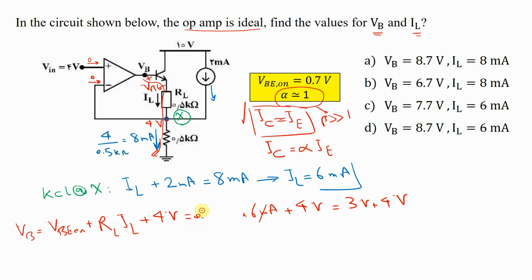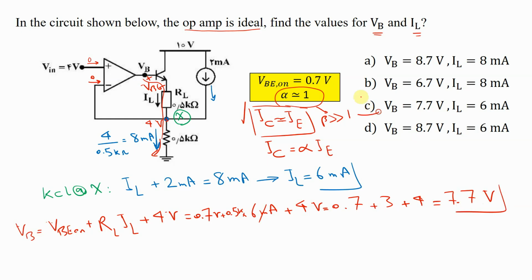This is 0.7 volt plus 0.5 kilo ohm times 6 milliamp. For the final value, you have 0.7 plus 3 plus 4, which is equal to 7.7 volt for VB.